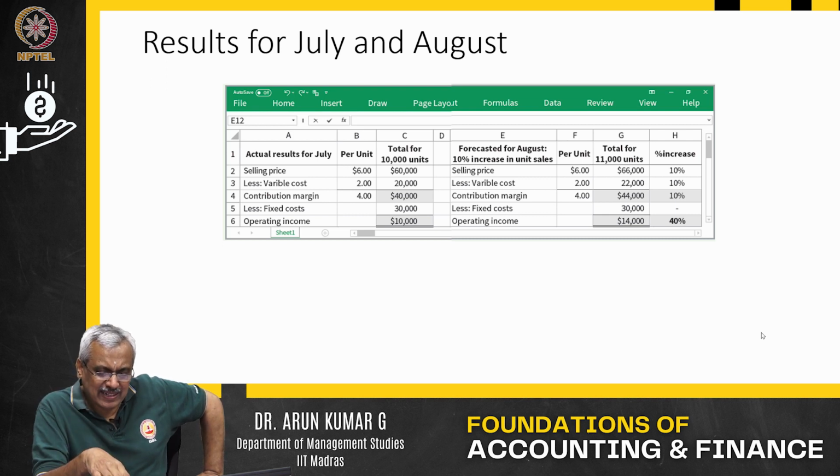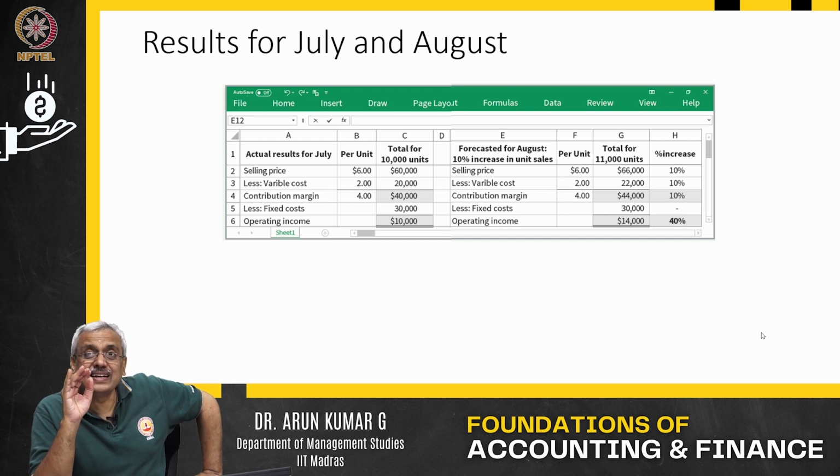So my sale is 11,000 units. My contribution is 44,000 obviously, my fixed cost is 30,000. So your operating income has moved from 10,000 to 14,000. That is an increase of about 40% in your operating income.